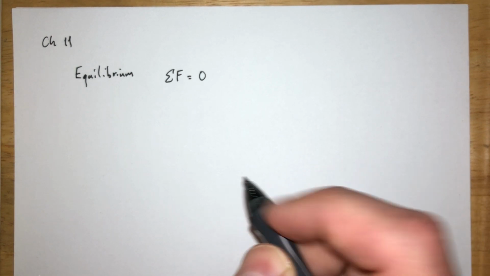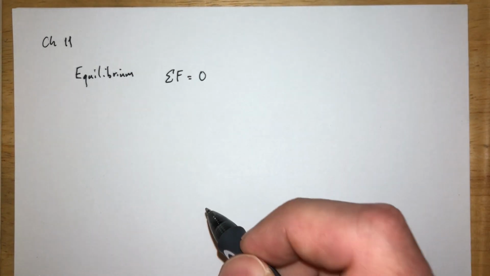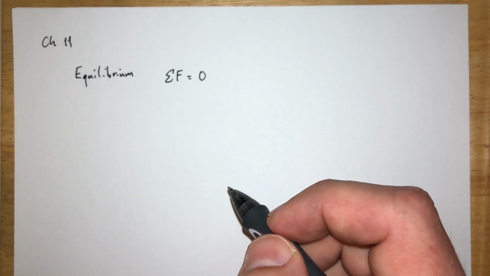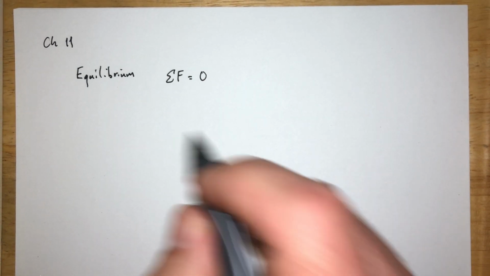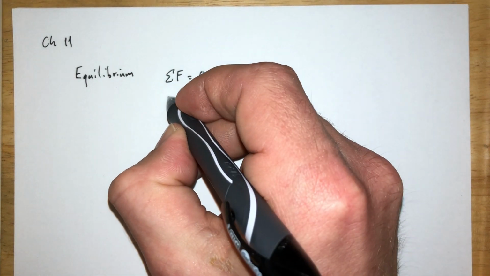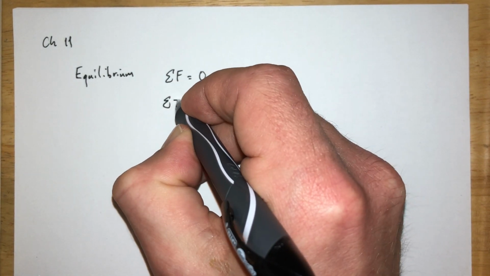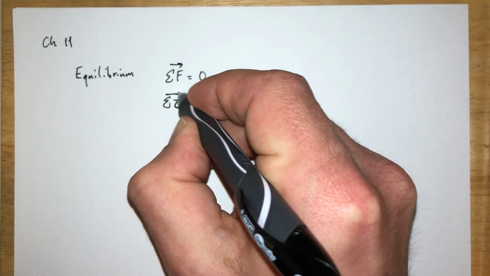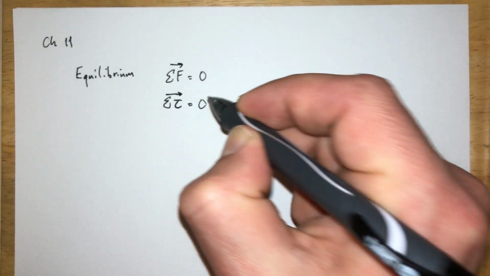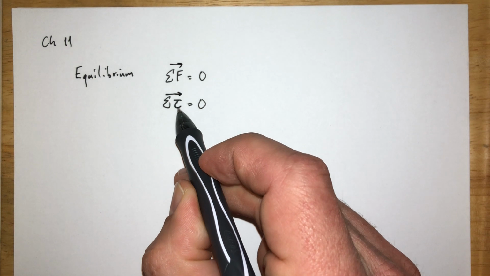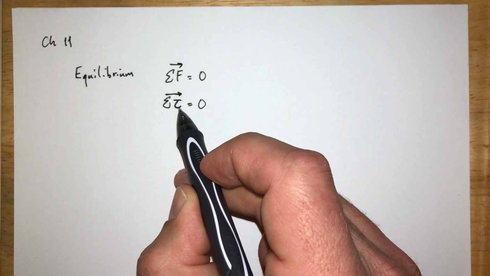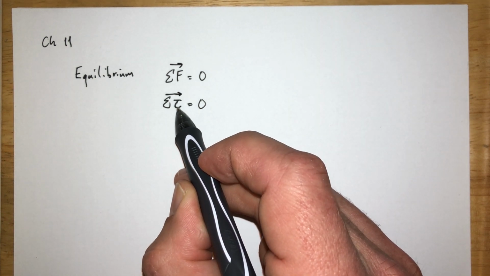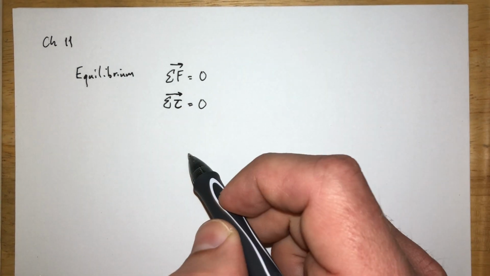But now that we've defined rotational force on Tuesday, we can also say that in order for an object to be in equilibrium, not only must the net force be 0, but the net torque on the object must be 0 as well. That's basically all we need to know.